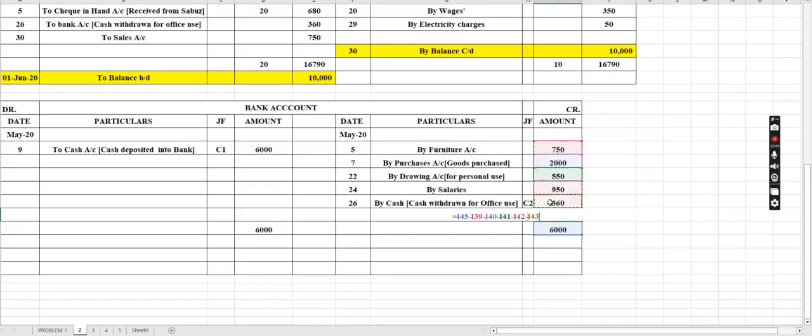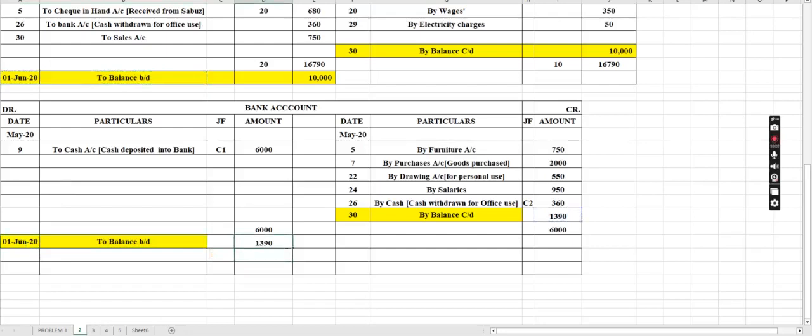We got 1,390 as balance. From here I will copy just to save time. The same thing here. I need to show on first, the amount is 1,390.